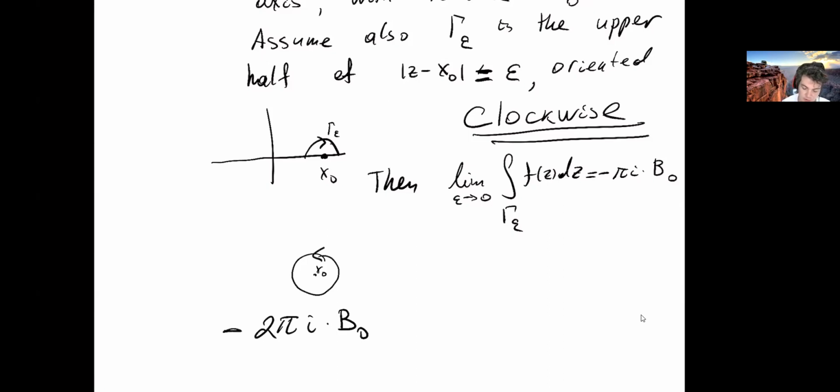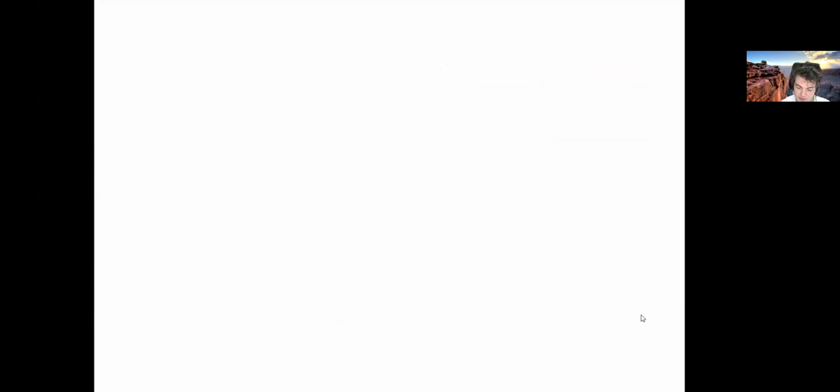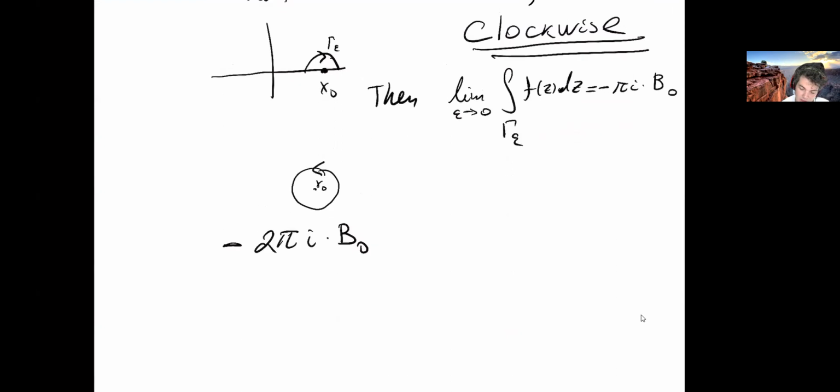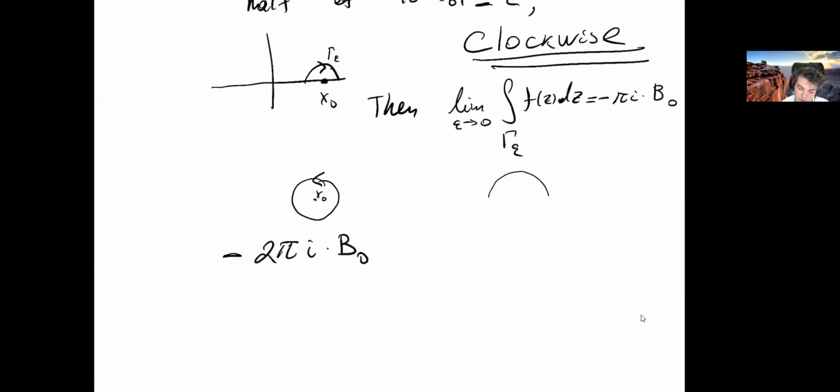So for the whole circle, we get 2 pi I, and for half of the circle, we get pi I, oriented clockwise, which is this way. Now, of course, I'm cheating. Of course, you can challenge me and say, taking half of the circle doesn't mean that we're getting half of the answer.